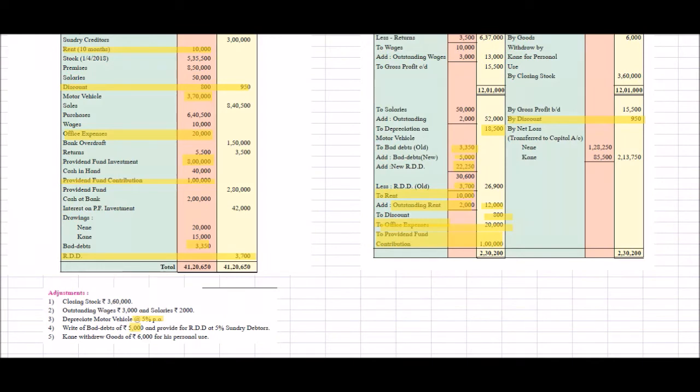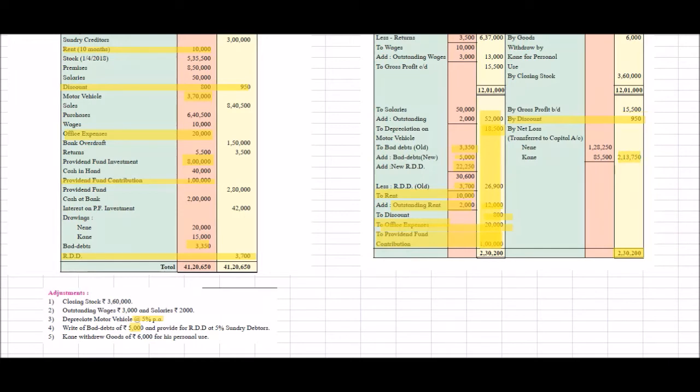After adding these amounts, we got 2,30,200 rupees as the total amount. In that we need to subtract 15,500 rupees plus 950 rupees. After deducting, we get 2,13,750 rupees.